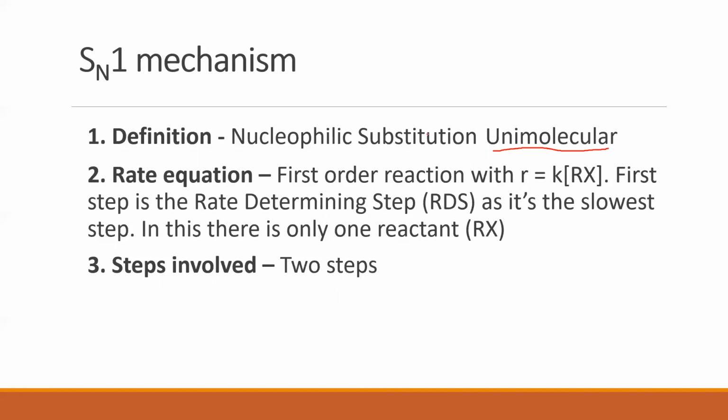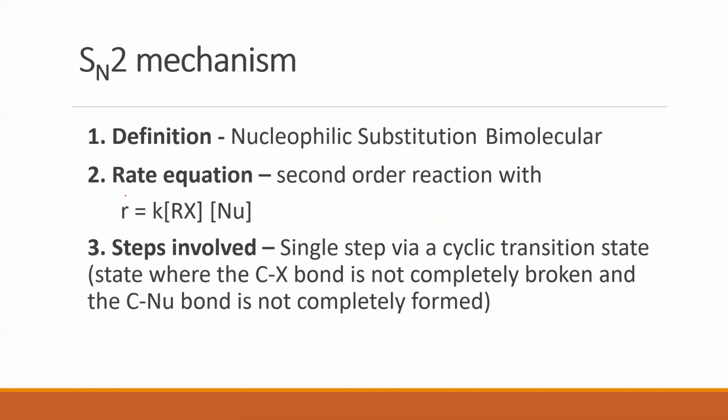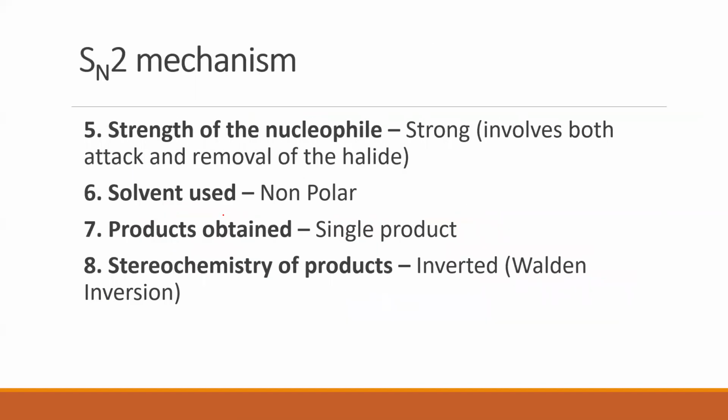Now, this is a first order reaction, where the rate is equal to the concentration of only one compound, which is RX. Whereas, what did we see in SN2? If I quickly go back to SN2, the rate was dependent upon both alkyl halide as well as nucleophile. You see both RX and nucleophile concentration here. This is what determines the rate.